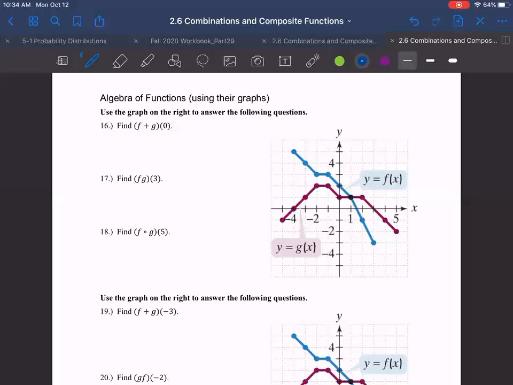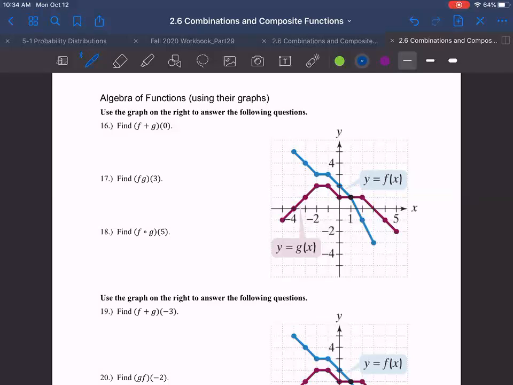All right, so here on this page, it's a matter of just plugging in and trying these things with graphs rather than the actual functions. And so what you can see here is we have f plus g evaluated at 0. The way we can do that is essentially we're going to do the sum of the two functions and then evaluate them at 0.